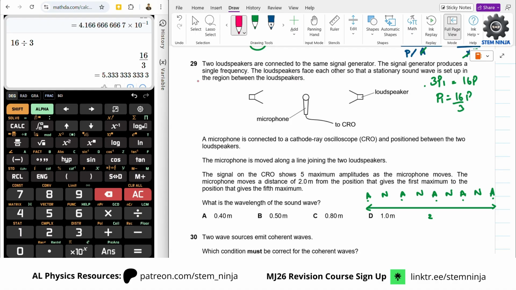We know that antinode to node, or node to node distance, is basically lambda by 2. So this is one complete wavelength and this is one complete wavelength. So wavelength is basically just 1.